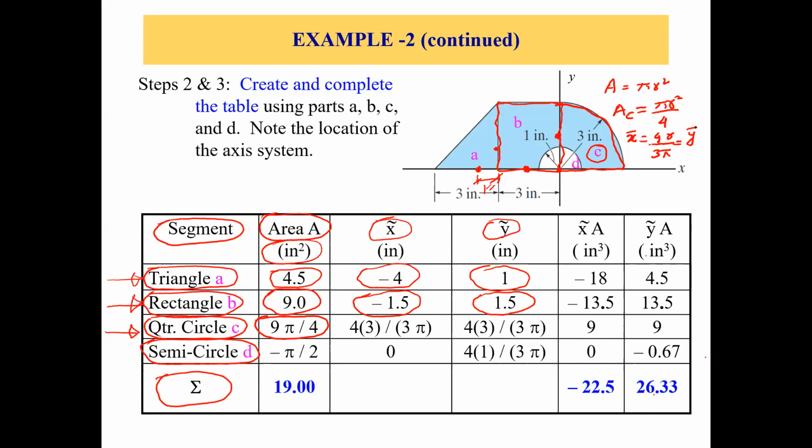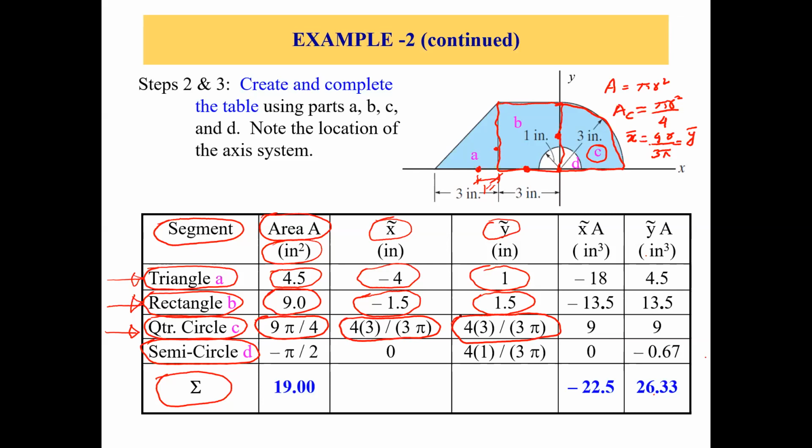So if we use this formula, 4 times 3, which is the radius, divided by 3 times pi, that's how we get x bar. And same thing for y bar, 4 times r, which is 3 inches, divided by 3 times pi. So that is the x bar and y bar of this quarter circle, from the origin.